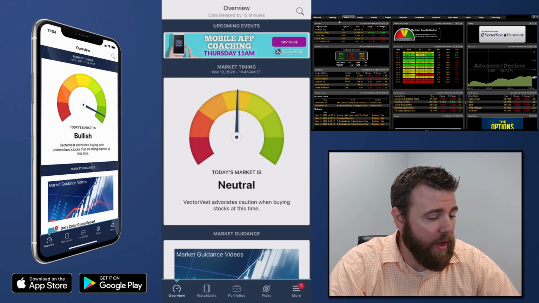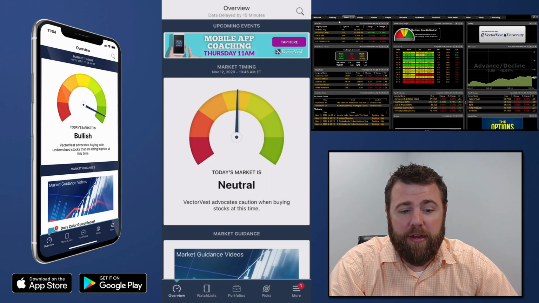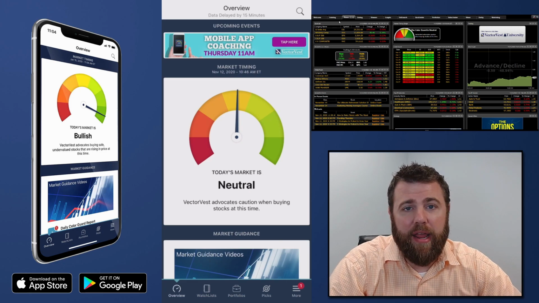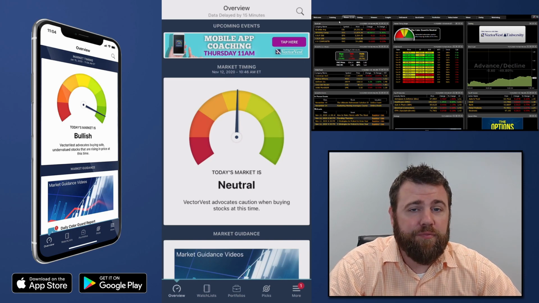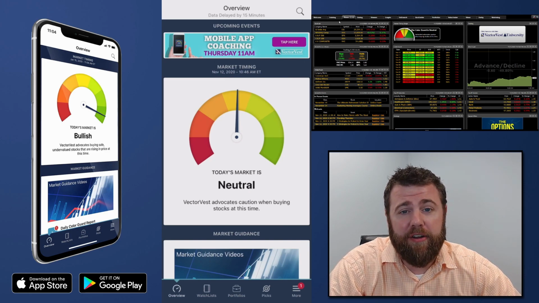Today, as we saw on the announcement, we're going to be taking a look at a global picture of the markets. Typically, every single time for the last few years that we've been doing these sessions, we've been looking specifically at the US market. Well, there have been some changes here at VectorVest.